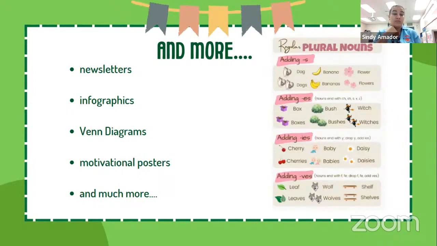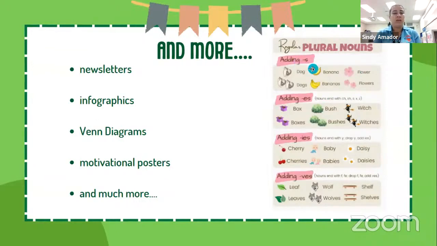So again, you can do so many things. You can get so much material from Canva. And here I have another example of another poster that we use here in our classrooms. This is just regular plural nouns. Just basic rules.